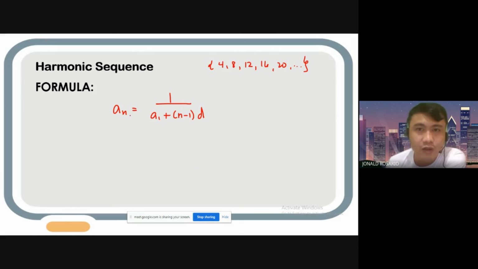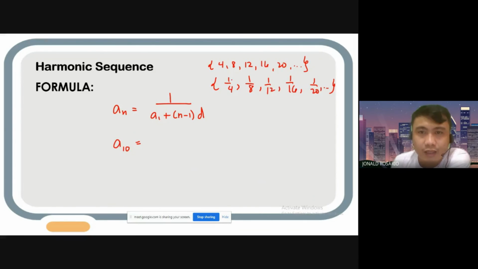Okay, if we're looking for the 10th term ng ating harmonic sequence, 1 over 16, 1 over 20.